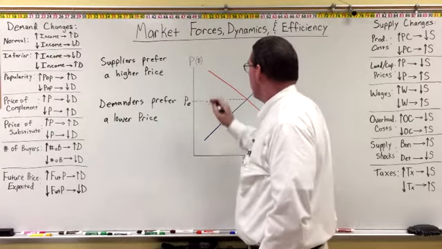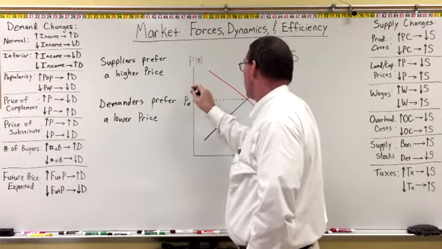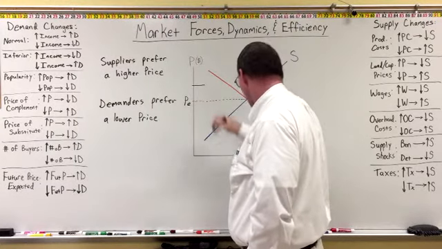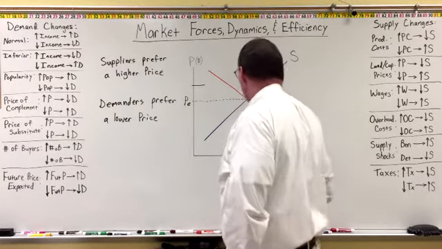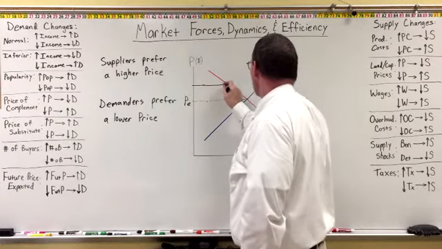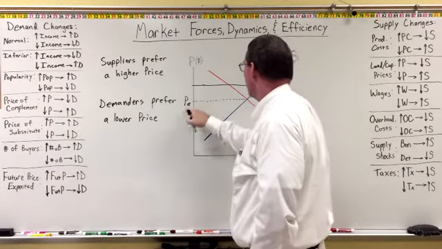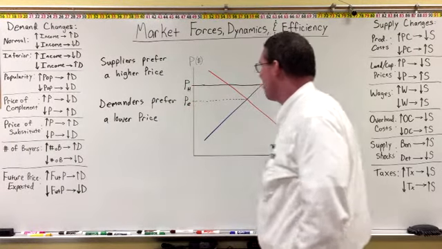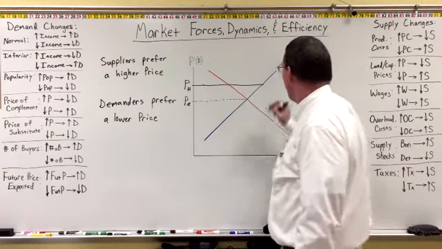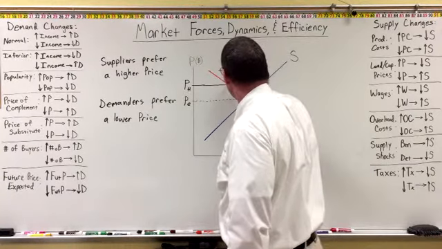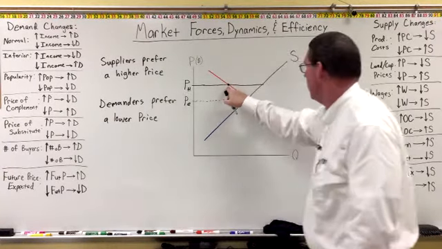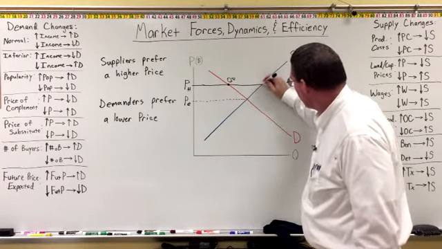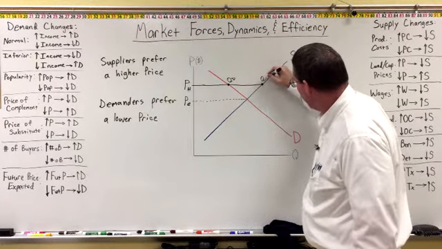Sometimes in a market, the actual price will be higher than the equilibrium price. Let me draw a solid line over. Let's say the price in the market is higher than the equilibrium price, so I'm going to put price sub H for price higher. At a higher price than equilibrium, you can see here this is quantity demanded, and over here this indicates quantity supplied.